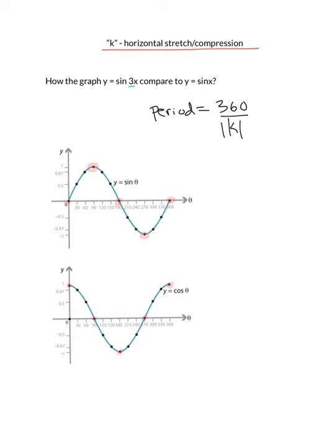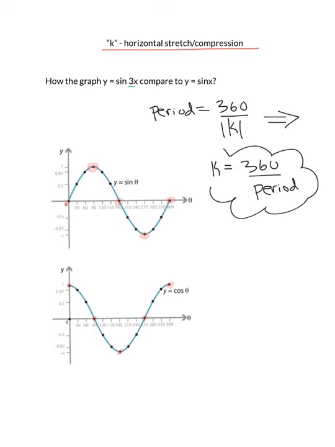We're only looking at the number here. And from this formula, I could rearrange it to say that k is equal to 360 over period. But this is not as important if I am given an equation. So this formula would only be important if I was given a graph and I was trying to write my own formula, then I would be using that one.